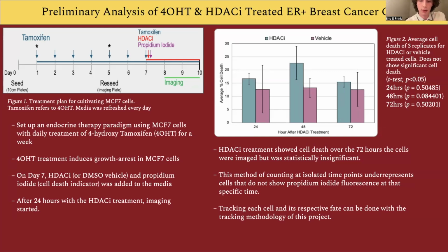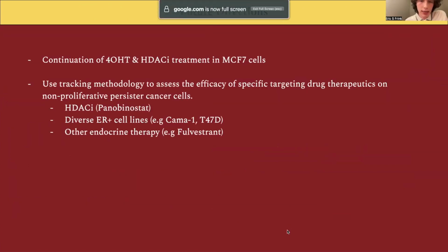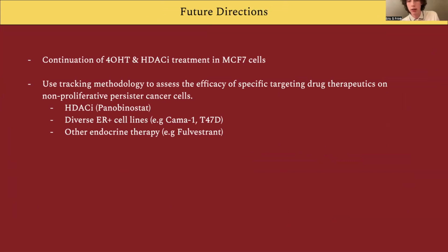to the tracking methodology of this project, and a continuation of this project is that we use this methodology to track each cell and its fate, whether it dies or if it divides, in order to capture the full picture.